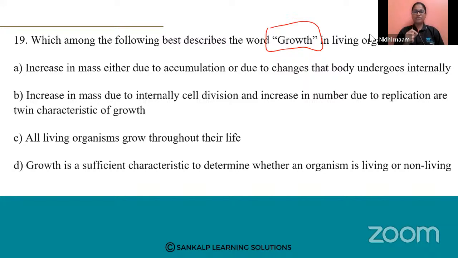All living organisms grow throughout life. Growth is a sufficient characteristic to determine whether an organism is living or non-living. They ask which will best define the growth. The quick response is given by Vaividya, Dhavina, good. Asma Banu answered it, good.